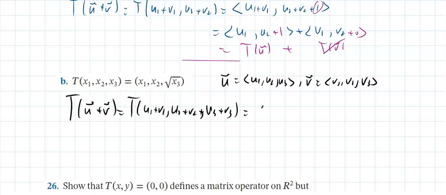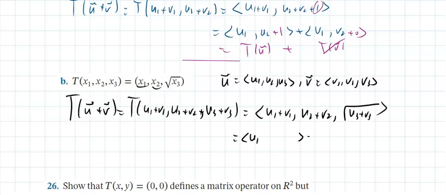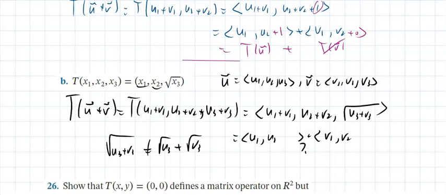Based on this, it will be the i, U1 plus V1, the j, U2 plus V2, and the square root of U3 plus V3. I could say this is U1, add to it V1, and U2, add to it V2, but we have a problem. The square root of U3 plus V3 does not equal the square root of U3 plus the square root of V3. So I can't split that up, so that doesn't work. Therefore, this is not a linear transformation.